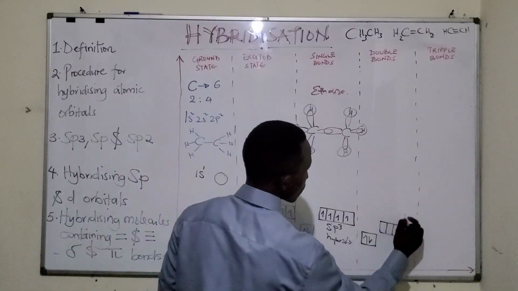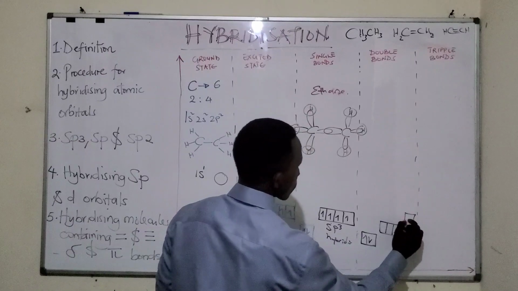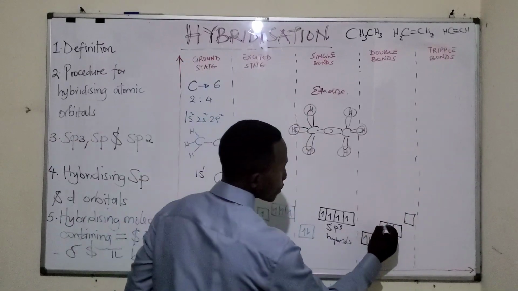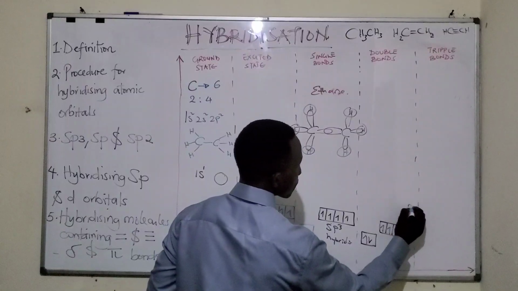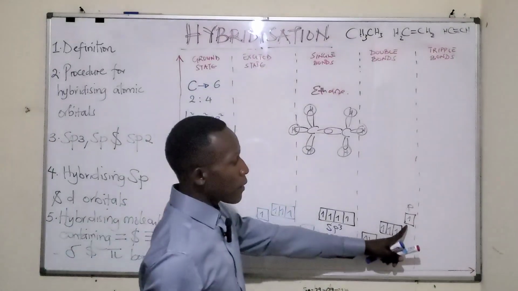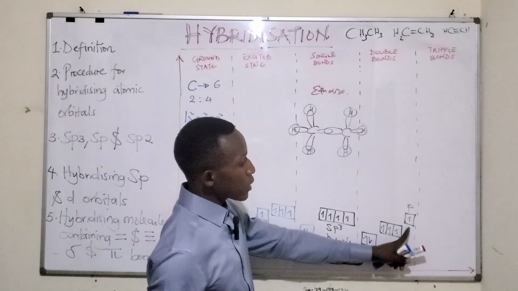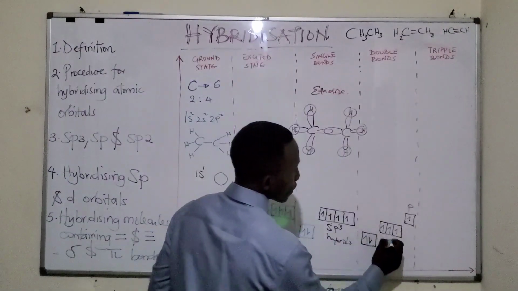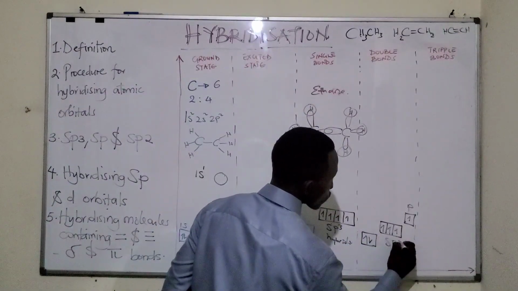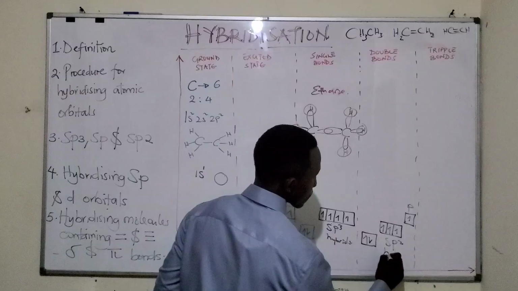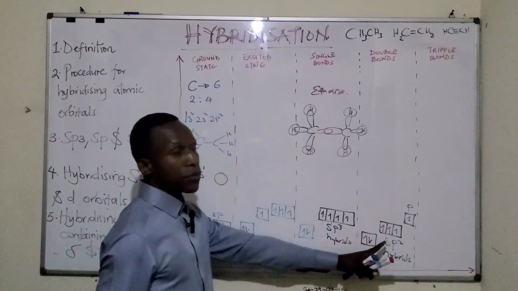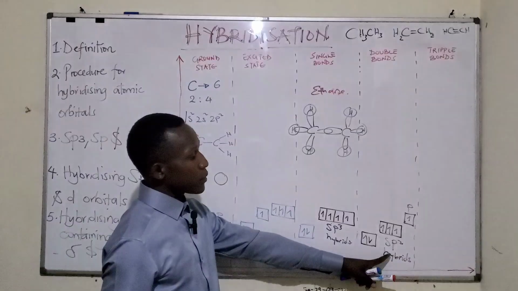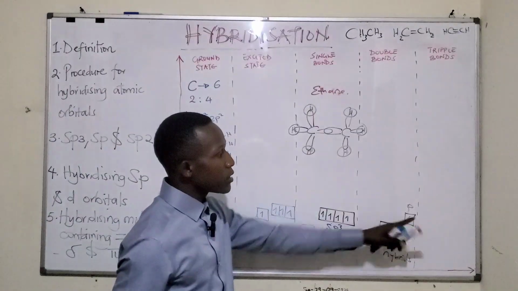One of the p electrons remains. This is the unhybridized p orbital or p electron. These are the sp2 hybrids. This one is unhybridized.